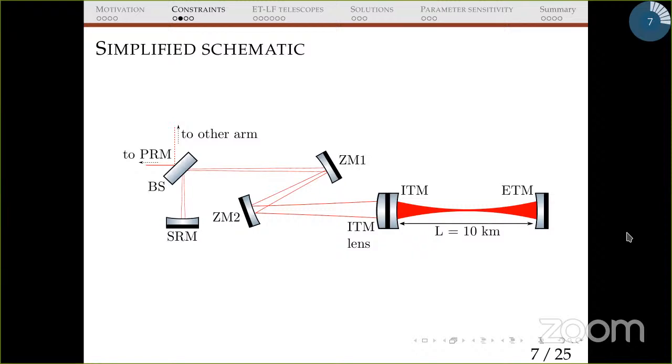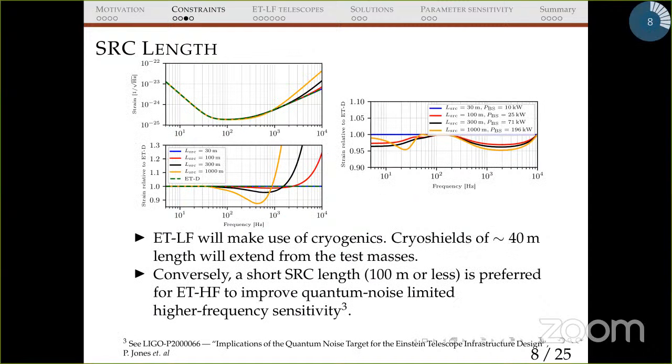To keep things simpler and clearer, this is the general system that we'll be analyzing throughout the rest of these slides: a single arm cavity 10 kilometers long, and then the signal recycling cavity with a Z-shaped telescope inside. As I mentioned, as ETLF will use cryogenics, it has cryo shields of around 40 meters extended from the test masses.